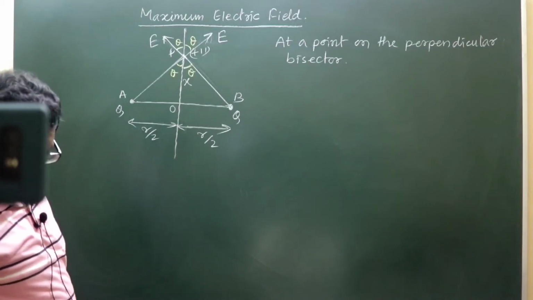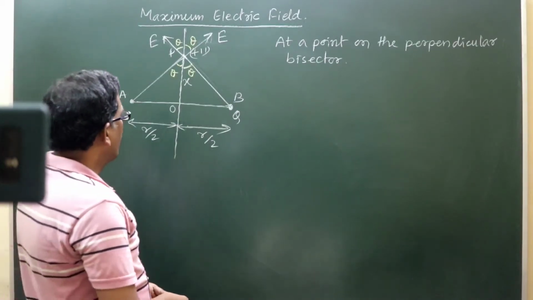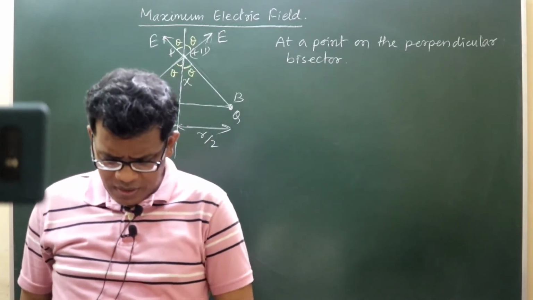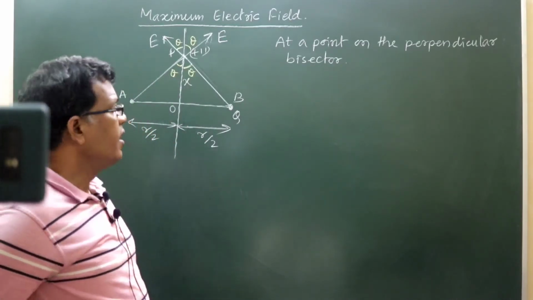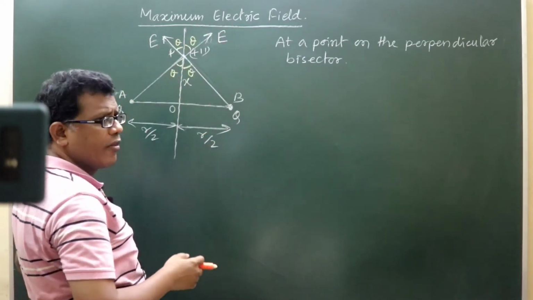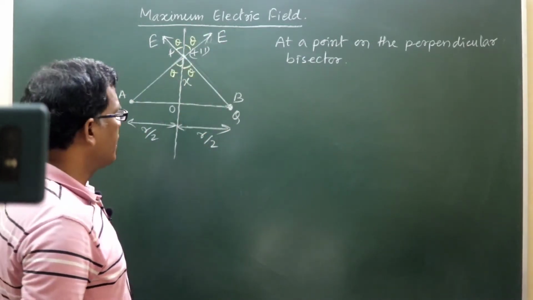Is that clear? So at P there are two diverging forces on the +1 charge, at an angle of divergence of 2 theta.